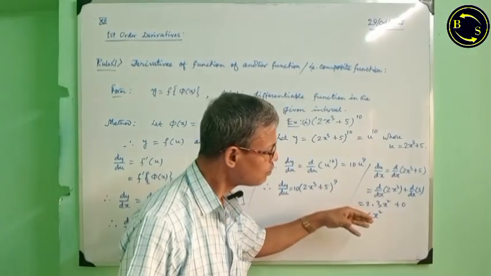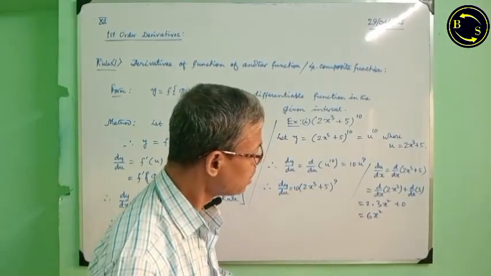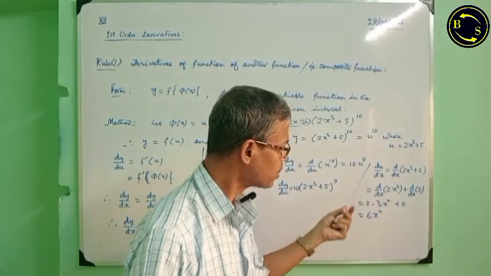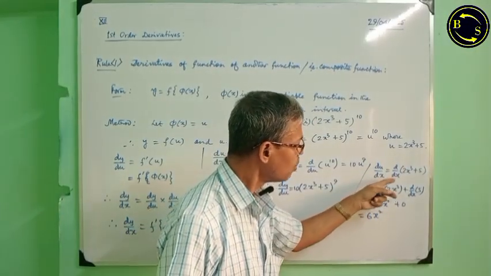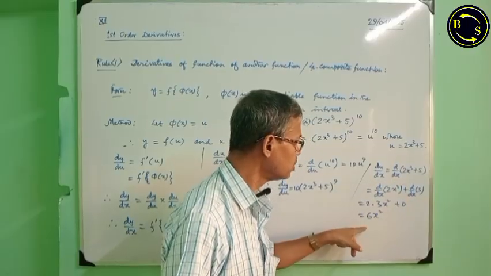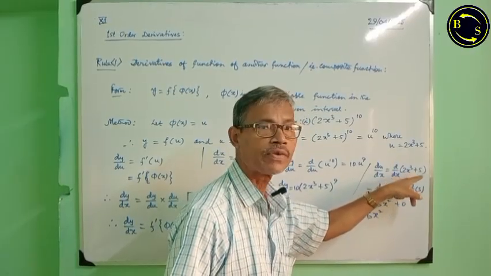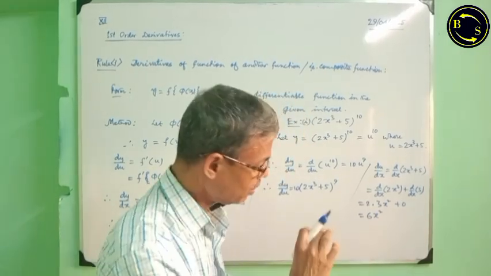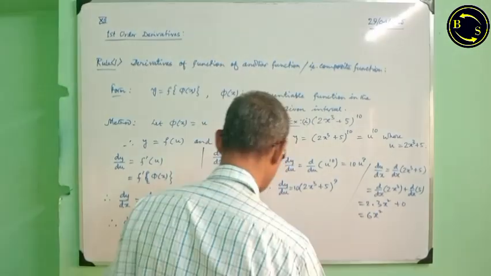I have shown stepwise, but when you will be skilled enough, you can write directly this one, d/dx of 2x cube plus 5, that is equal to 6x square. You can skip the intermediate steps.